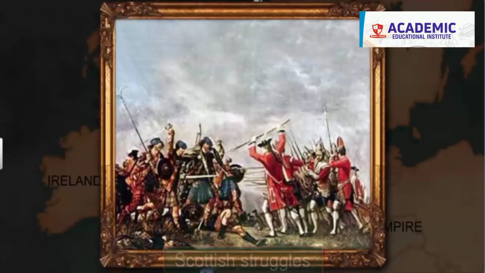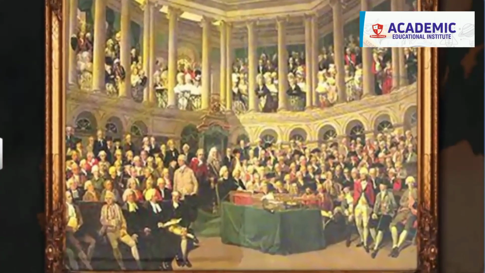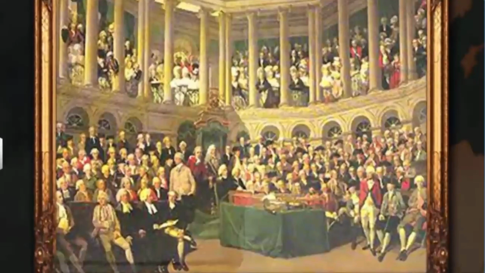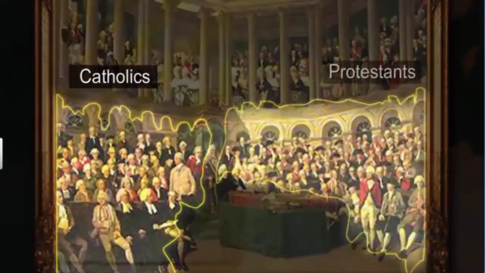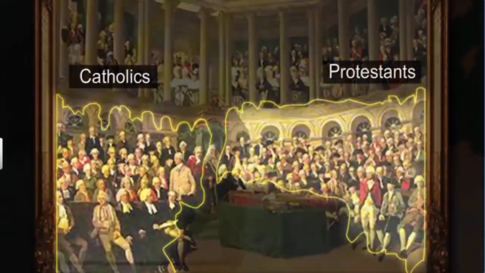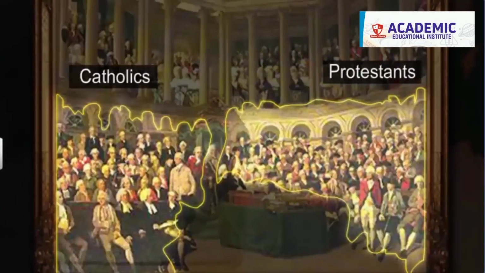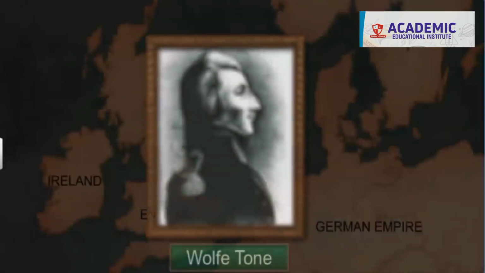The British imposed control over Ireland as well. Ireland had two dominant groups, Catholics and Protestants. The English favoured the Protestants, and the British helped them to dominate a largely Catholic Ireland. Several Catholic rebellions in Ireland were crushed brutally.